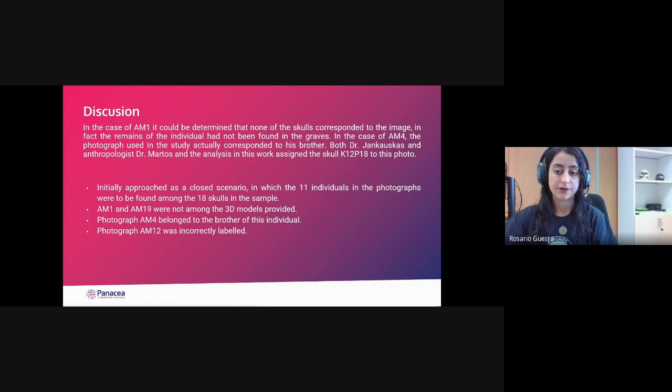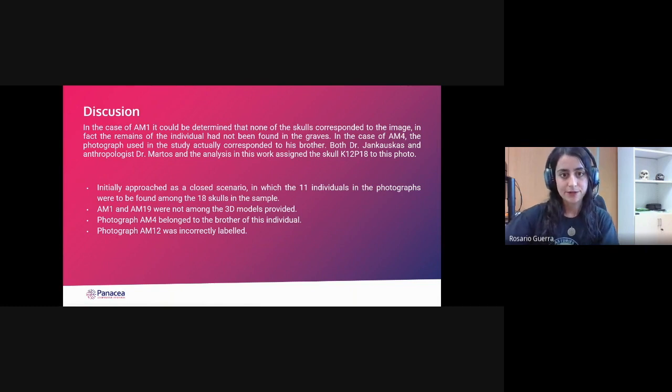And then it was found later that the remains of one of the individuals were not actually in any of the inhumation pits, that one of the photographs actually belonged to the brother of one of the candidates or one of the victims. And some 3D models were not among the sample. So these are also some of the things that limited the results of the study and that minimized the chances of identification.